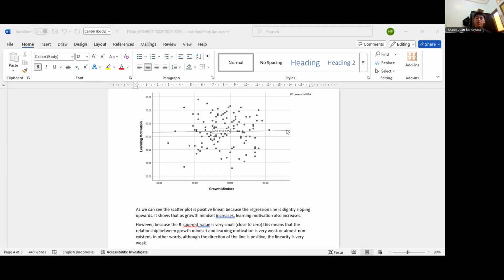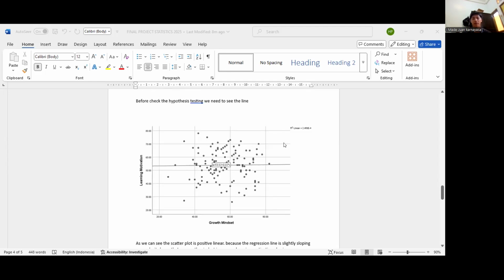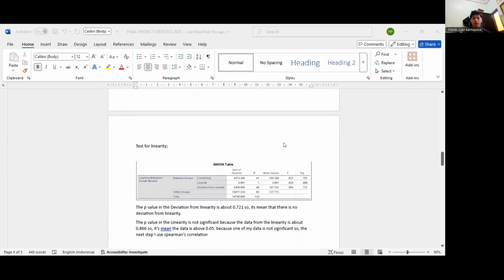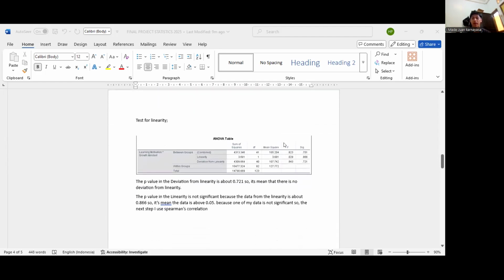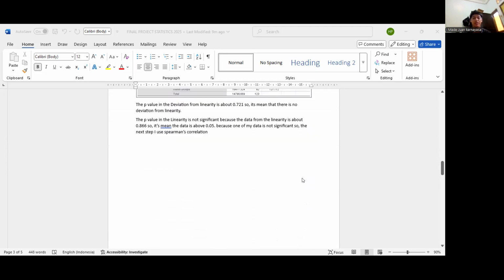In other words, although the direction of the line is positive, the linearity is very weak. After that, because the linearity is not met, for the next step I use Spearman correlation.